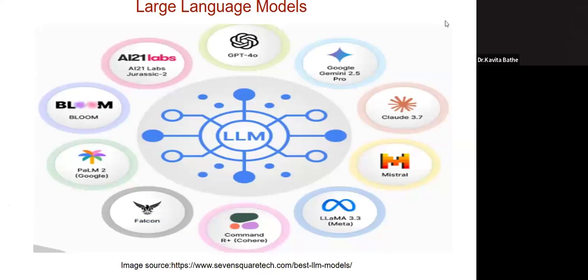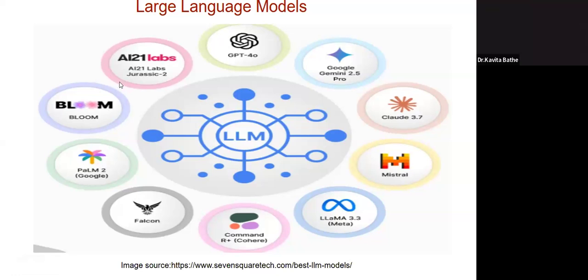Here I'm providing you the list of top LLM models that are frequently being used. As we all know, there is GPT-4o, obviously by OpenAI. Then we have Gemini 2.5 from Google. Then we have Claude, Mistral, Llama, Command R+, Falcon, PaLM 2 by Google, Bloom, and AI21 Labs.